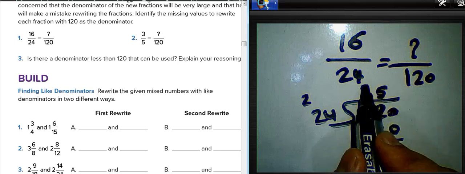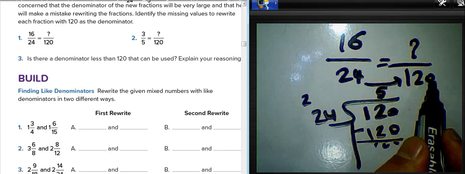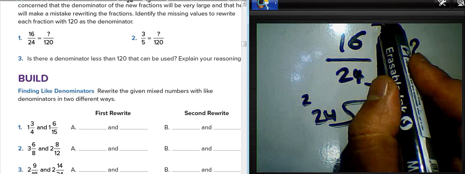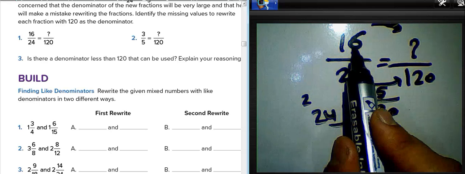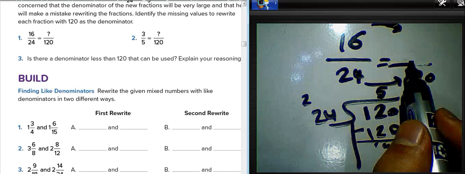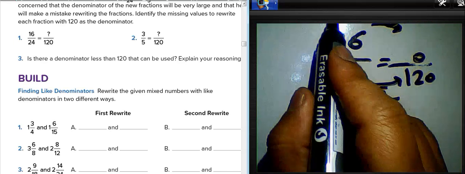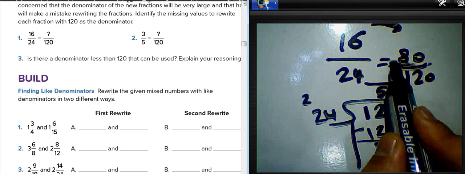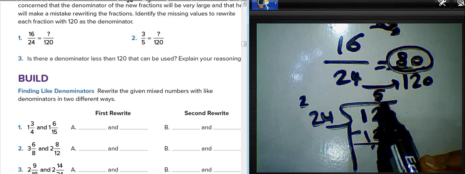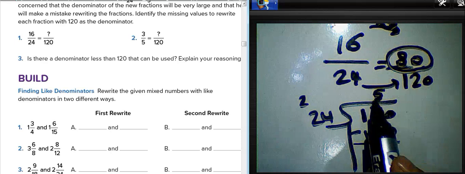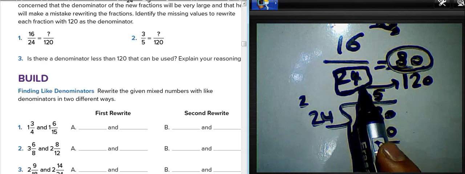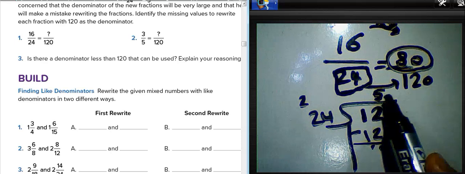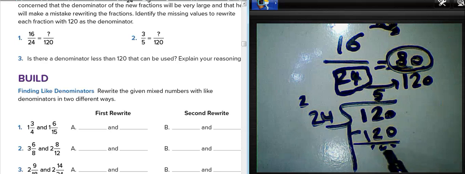Now 16 times 5: 5 times 6 equals 30, write 0 and carry 3; 1 times 5 equals 5 plus 3 equals 8, then the result will be 80.